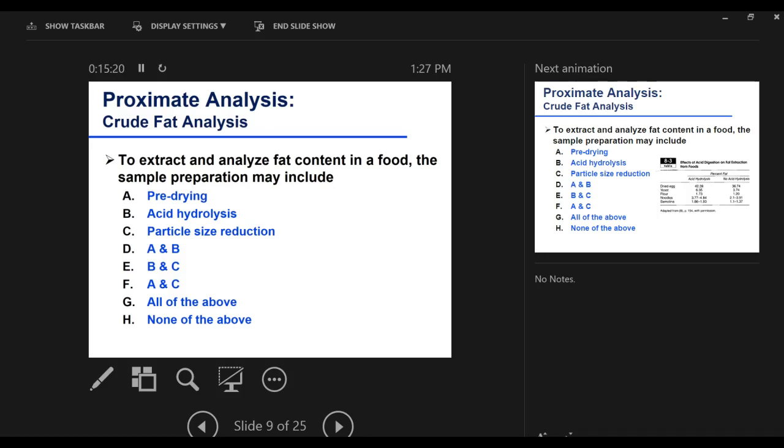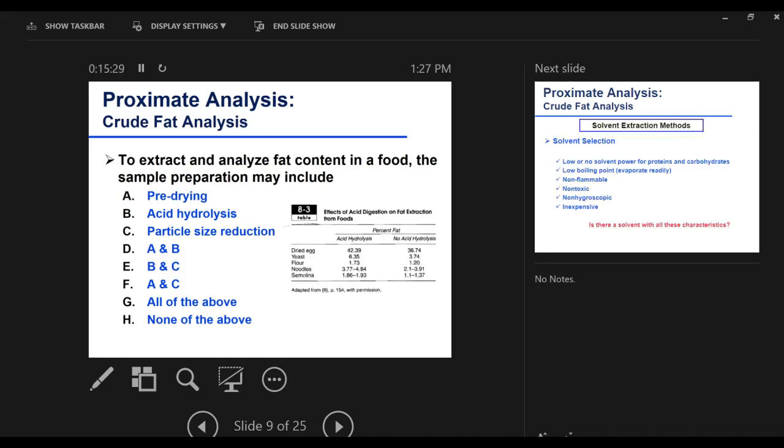Of course, we need particle size reduction because you want to enhance the surface area so that you have more efficient extraction. So here's a table that demonstrates that with acid hydrolysis, you get better extraction of fat. So dried egg is high in protein, right? So yes, acid hydrolysis helps out.